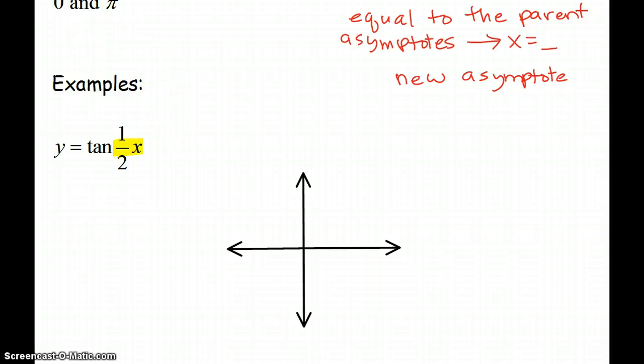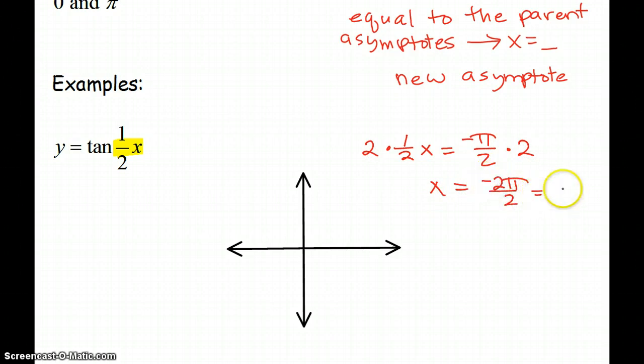So I'm going to take the 1/2 x and set it equal to negative pi over 2 because I know that's one of the asymptotes. Then to get rid of the 1/2, I'm going to multiply by 2 on each side. And so I get x equals negative 2 pi over 2, which equals negative pi. So that's where my asymptote is going to be. Here at negative pi, I'm going to draw an asymptote.